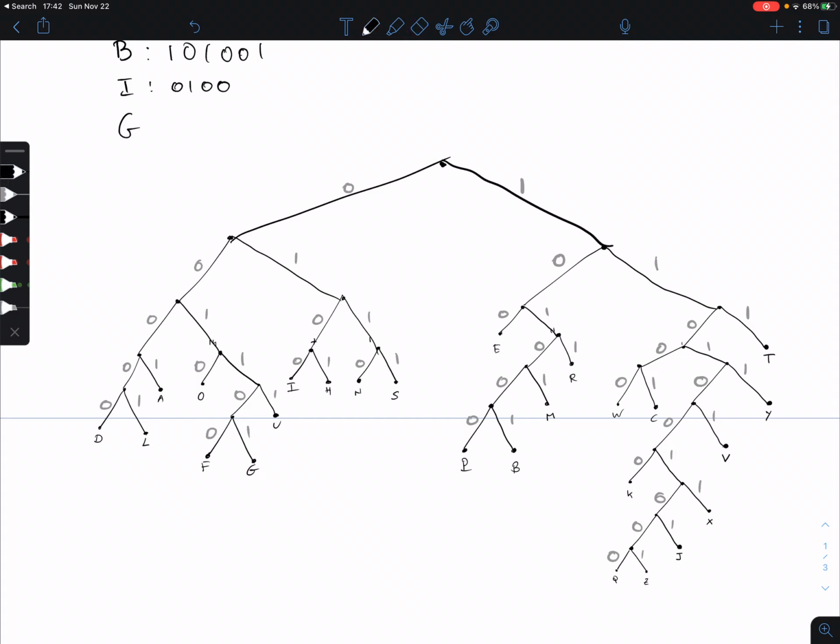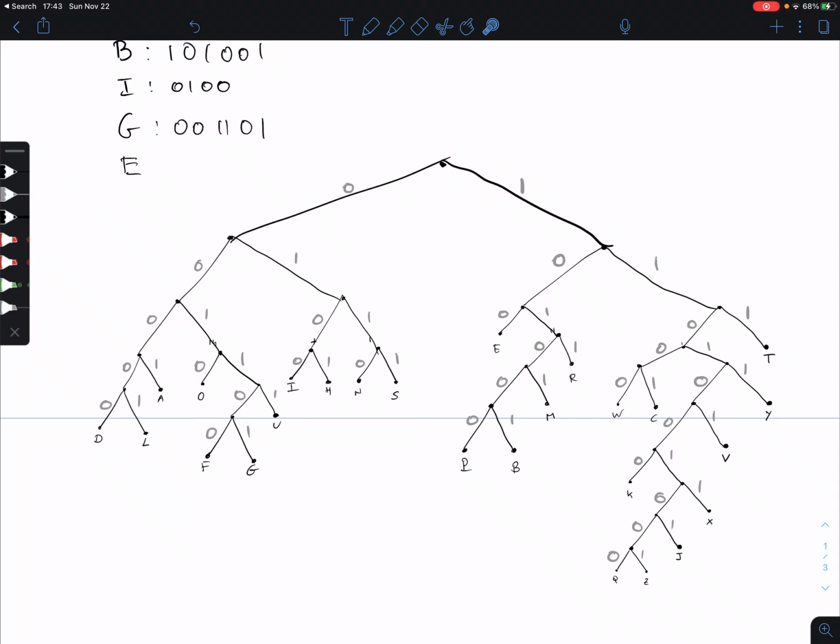So what about G? Well, G is less frequent, so G will be much lower. That's 0, 0, 1, 1, 0, 1. Okay, E is the most frequent letter, and you see it is one of the ones that has a very short path.